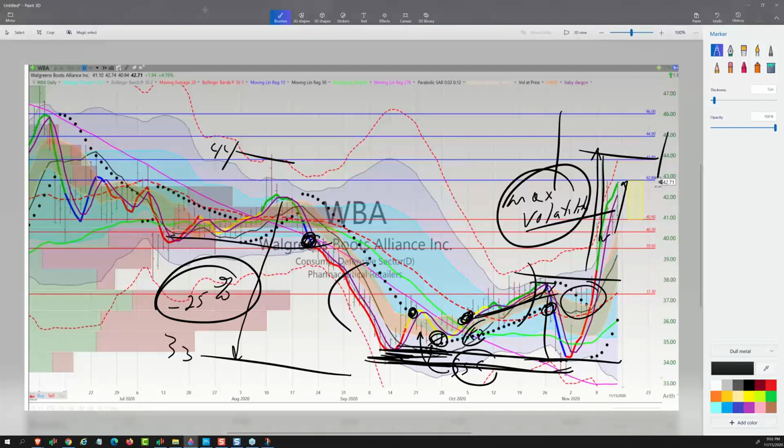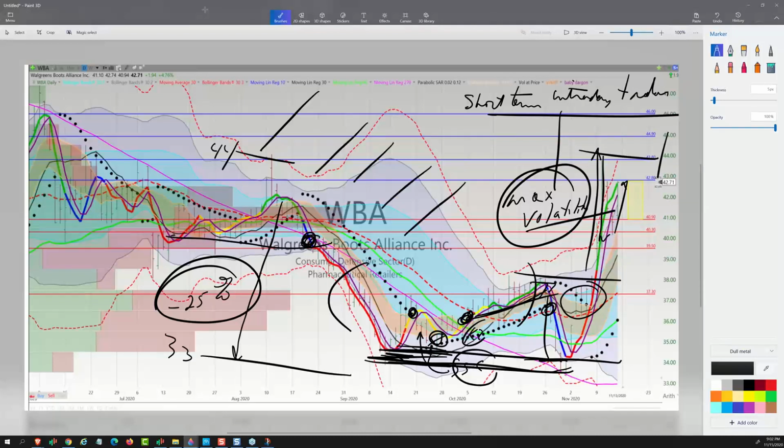So this is giving you a short-term intraday trader. This was not always the case through here. This was a really good swing trade on the downside, but not a very good intraday trader. But now the size of this volatility is making this a good intraday trader.